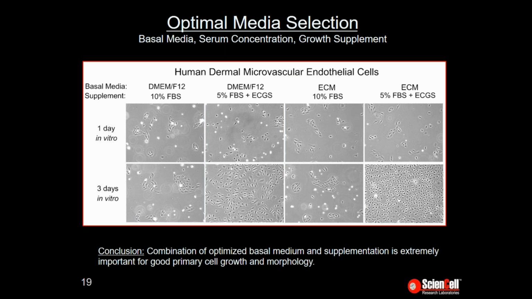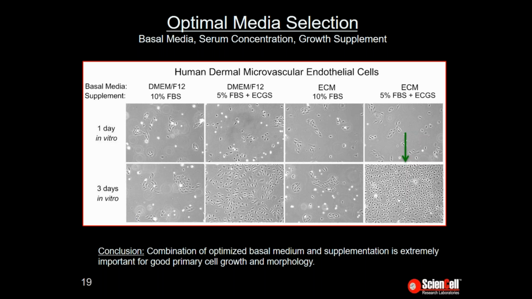Although the initial seeding density was the same, the cells responded differently in the various media. By day 3, it is evident that the 5% FBS with the endothelial cell growth supplement grew more rapidly than their 10% FBS counterparts. Furthermore, if you compare the 5% FBS and ECGS condition with the DMEM-F12 or ECM, the cells look dramatically better in the endothelial cell complete medium compared to the classical with supplementation, as indicated by the green arrow.